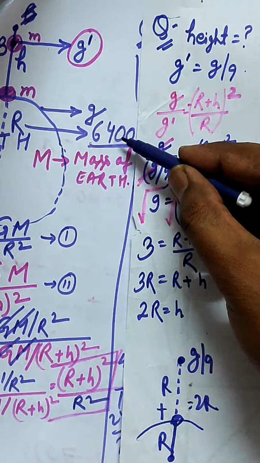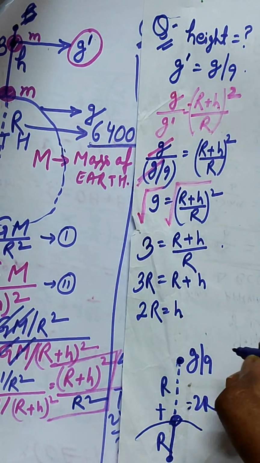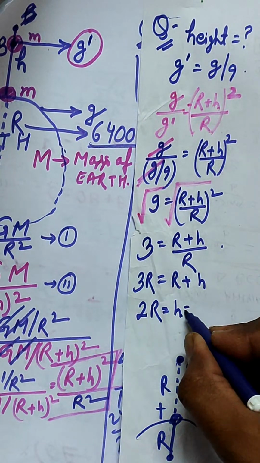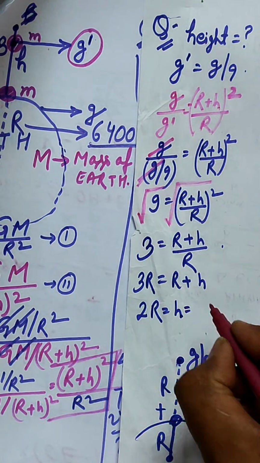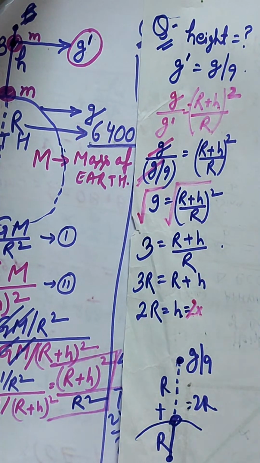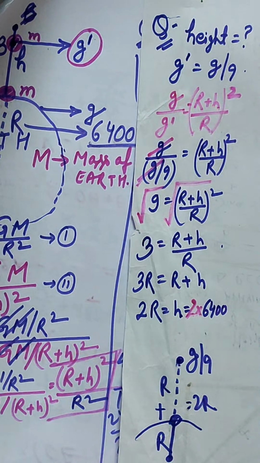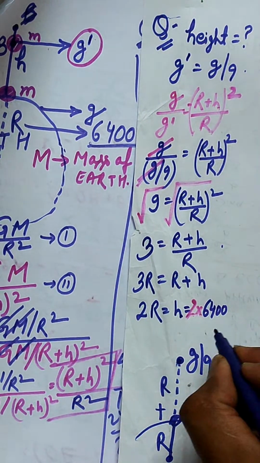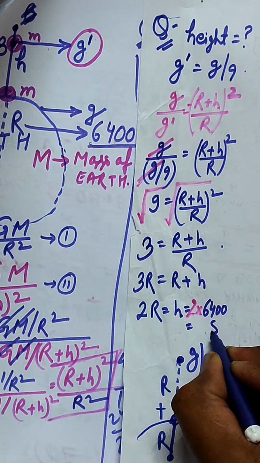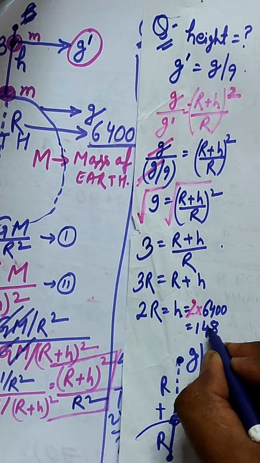Since the value of R is 6400 kilometer, we can say h is equal to 2 multiplied by 6400. This gives you 12,800 kilometer.